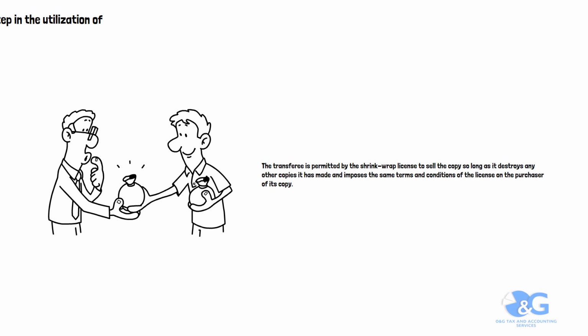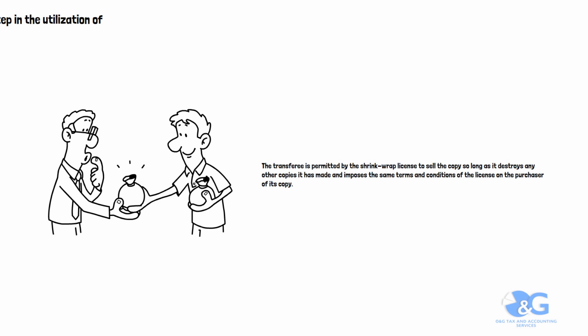This example says, yes, under the shrink wrap license, you can resell it, provided the one who is buying it knows about this licensing and the fact that they cannot decompile, they cannot do reverse engineering, they cannot disassemble the computer program.